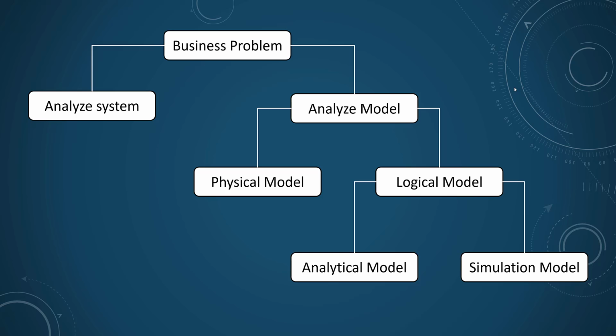So one possible analytical model is to come up with a probability of demand and how much will be used in different days of the week, and then what will happen if you have a certain level of inventory, and what is the probability of the inventory running out and things like that. So you can make calculations of this type, and then we can come up with an optimal solution.